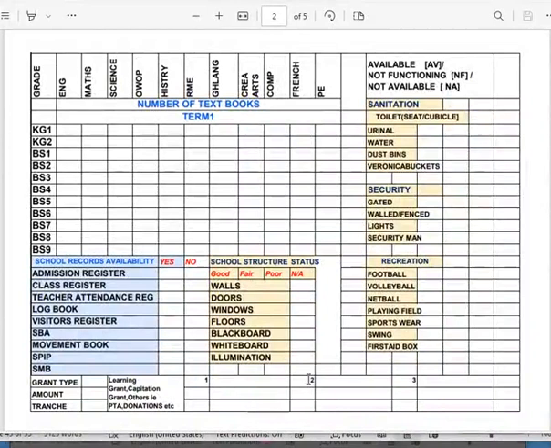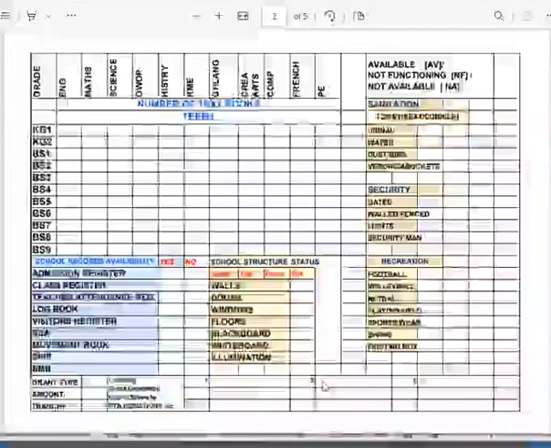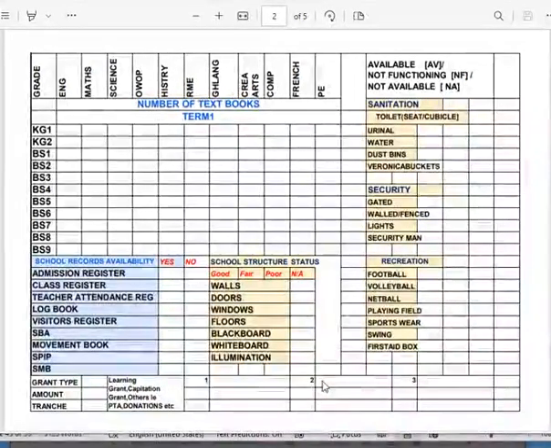Then second grant type, is it capitation, school capitation, or PTA, or whatever grant that you receive? It comes over here. Then the amount received for that grant type. Then the tranche, is it tranche one, tranche two, or tranche three? You also input here. So it can go on and on depending on the grant type received, the amount, and also the tranche.